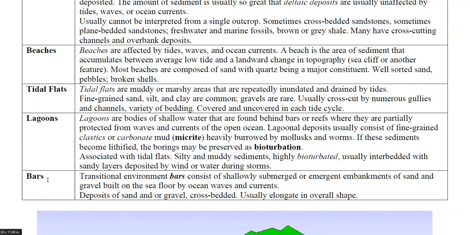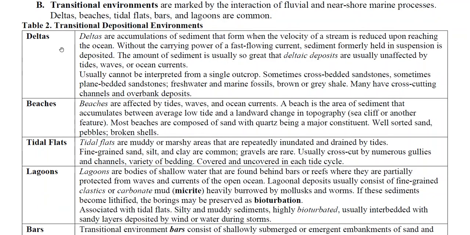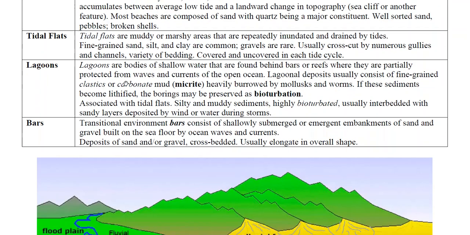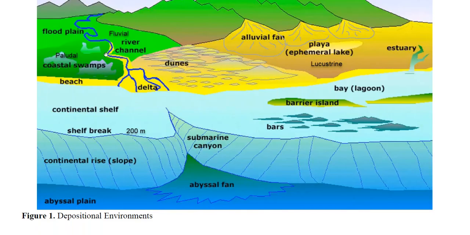It's basically on a big sandbar out there. So a little bit different environments. And then lagoons, usually between the land and those bars, are lagoons. But lagoons also occur in islands and other areas like that. Tidal flats, beaches, deltas, right? So we'll come back to these as well.